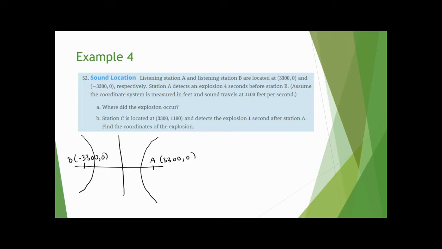And these are horizontal, so we're going to use the horizontal equation, x minus h squared over a squared minus y minus k squared over b squared equals 1. Because they're giving us the foci, we don't know a, but we know c. c is the distance from the center, which you can see here is 0, 0, to one of the listening posts, so that's 3,300.